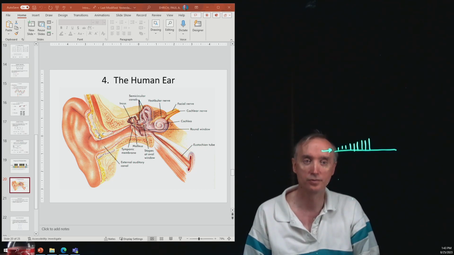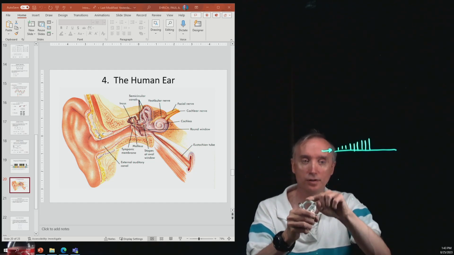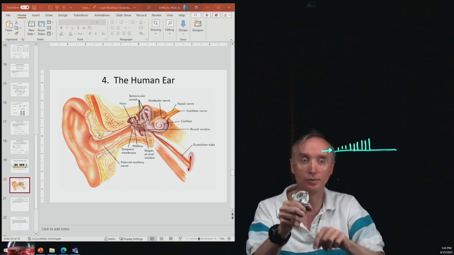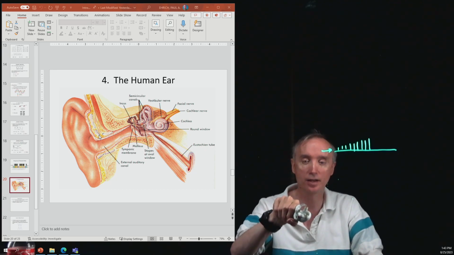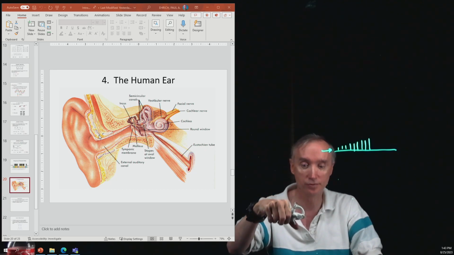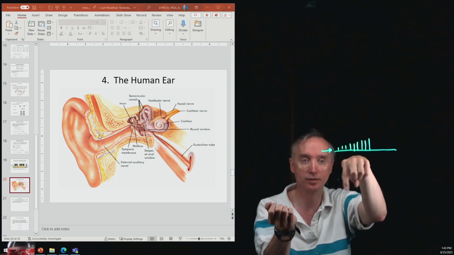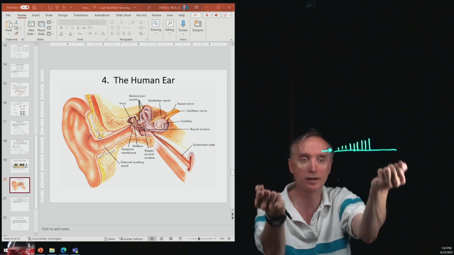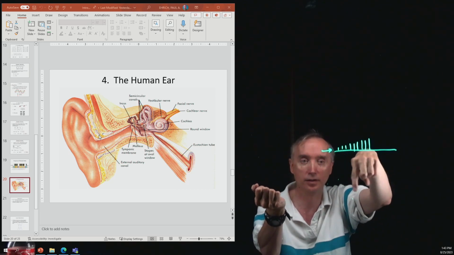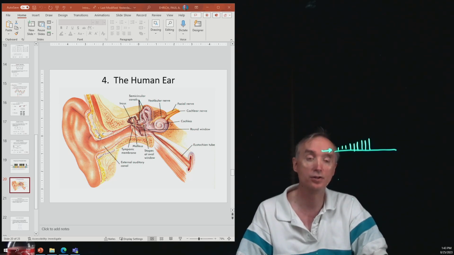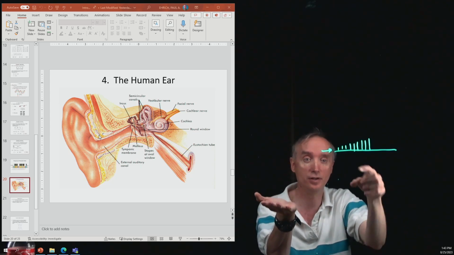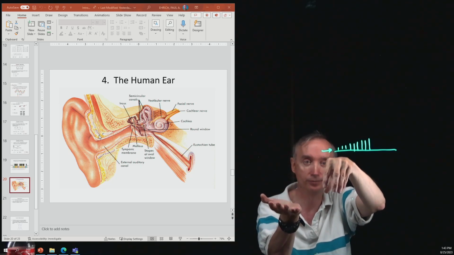Why do you suppose? Well, inside each of these semicircular canals is some liquid. And they act like little carpenter's levels. So if you've ever seen a carpenter's level, you know it's got this liquid in it, and then if you move it back and forth, then the liquid changes inside, and then you can tell if it's level or not whenever you get the bubble there in the middle.